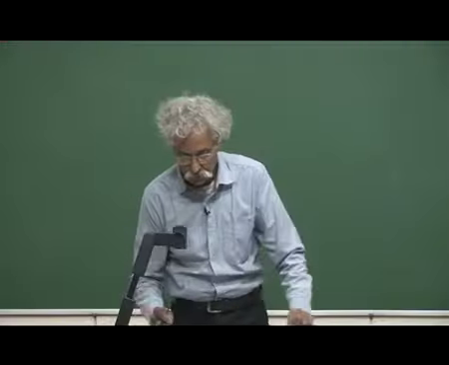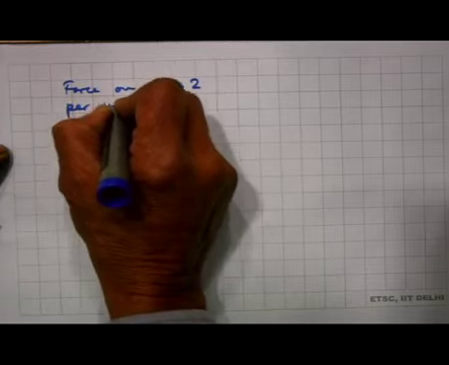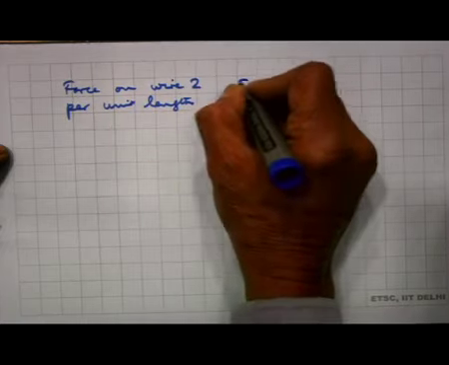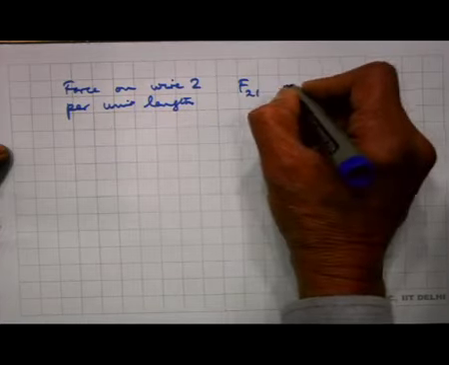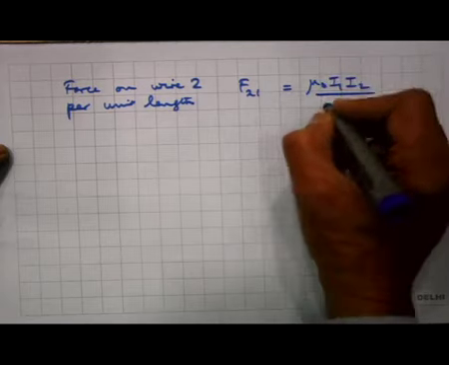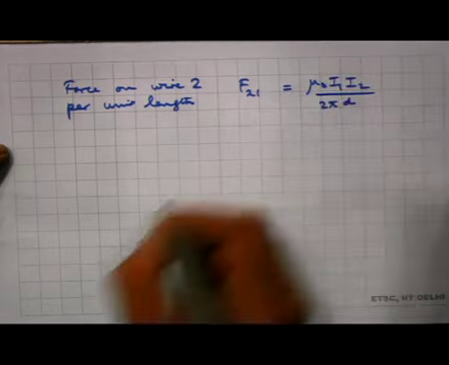Force on wire 2 per unit length, F21, is equal to mu naught I1 I2 by 2 pi d. So, that is the force on wire 2 because of wire 1.